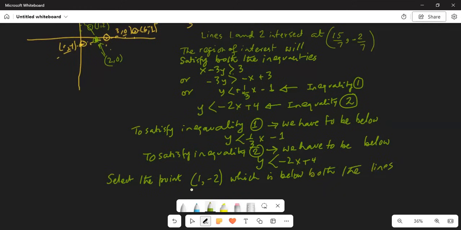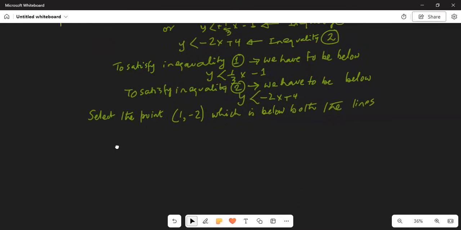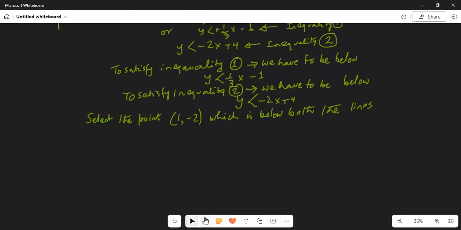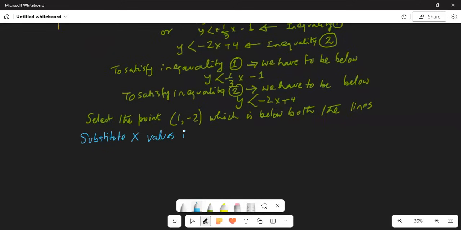Okay, now let's create some space. So what we will do is substitute x values in both inequalities and solve for y.